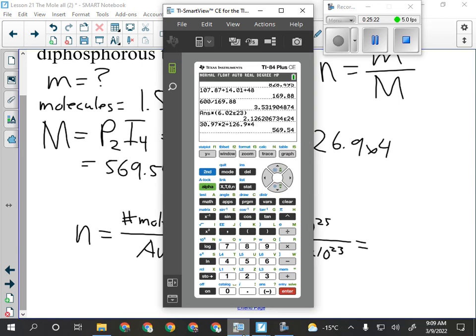Both of those numbers have to be enclosed in brackets on my calculator. So 1.54 E25 divided by 6.02 E23. It should look like that before I hit enter. All right, 25.58 moles. So that's a lot.